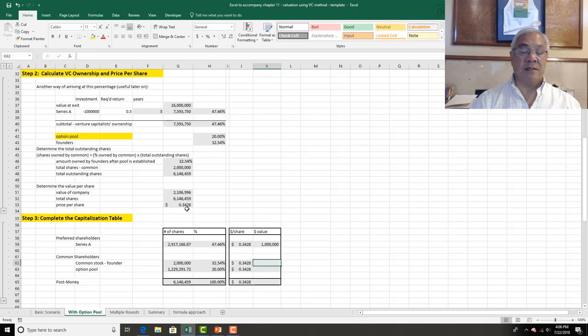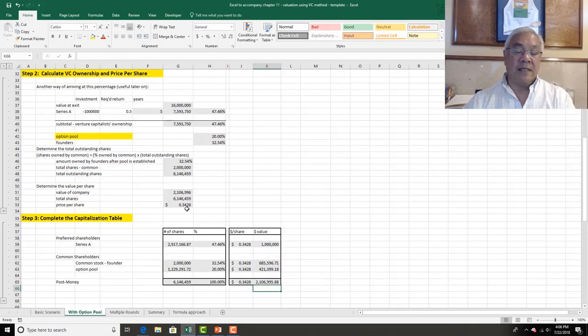Guess what? $1 million. Common stock owners, the founders, their value is now $685, and the pool is $421. The sum, which is the value as of now, should be what? Correct, 2.1 million. Right? You knew that.